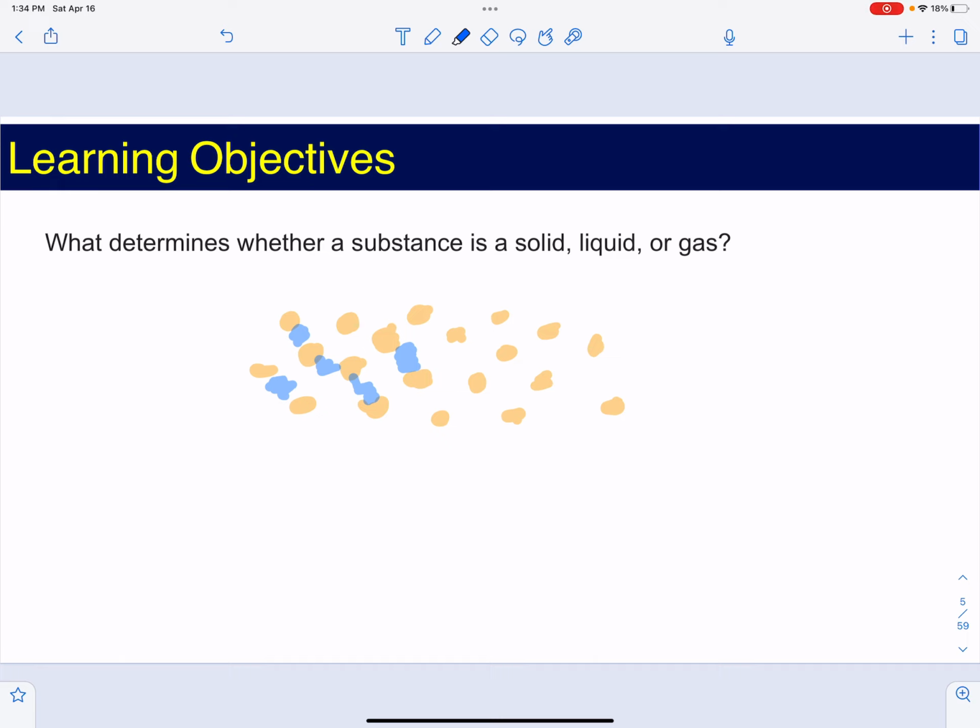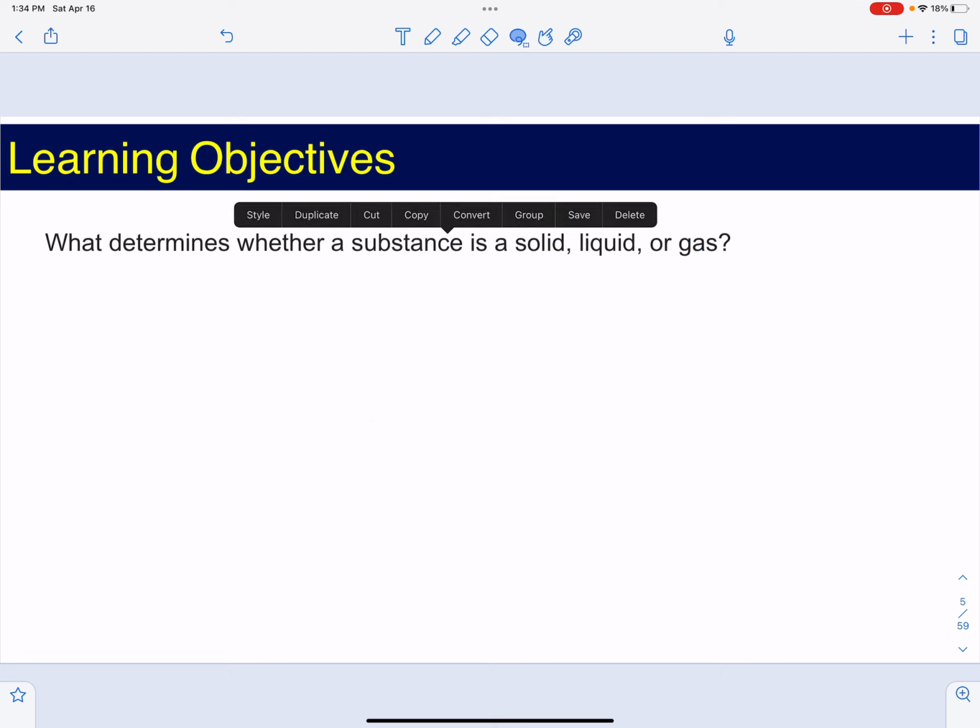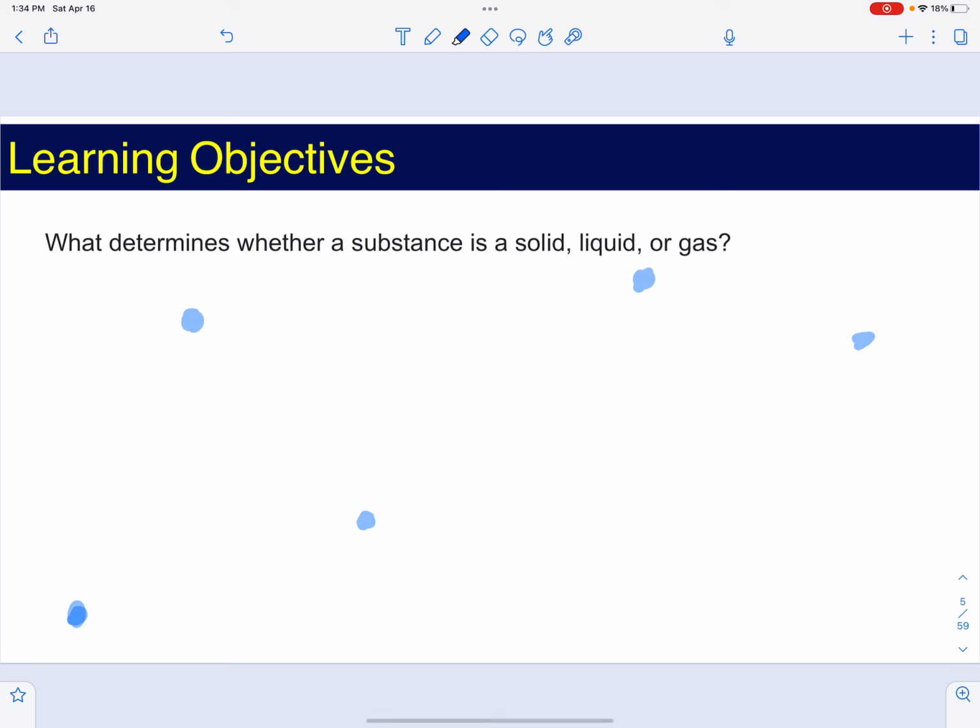What about the gas? Well, the gas is a whole different story. In the gas, as you learned in the gas chapter, the particles are going to be very far apart, and they're also moving really fast.